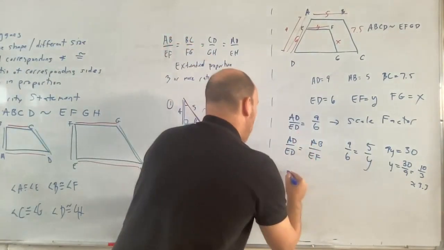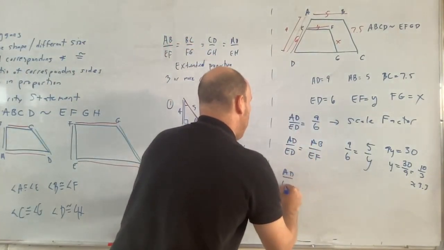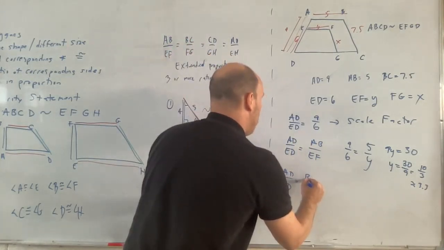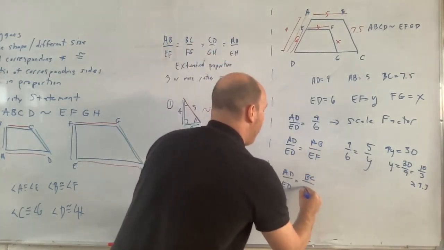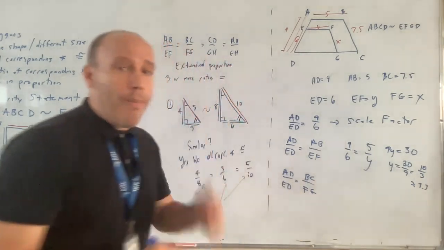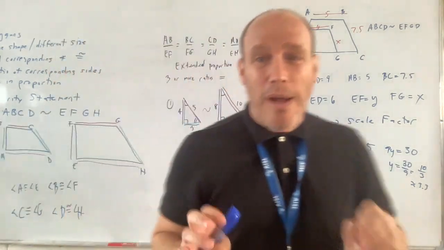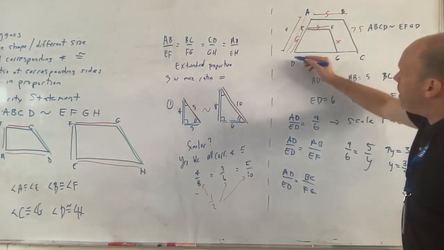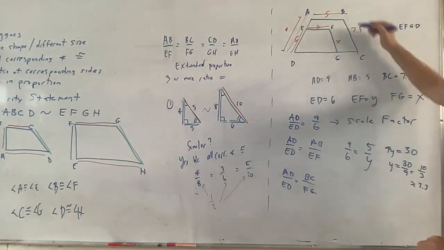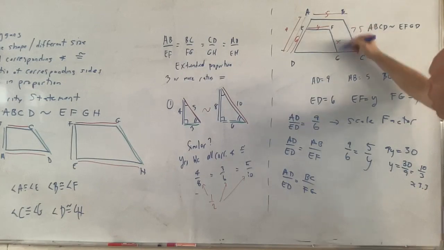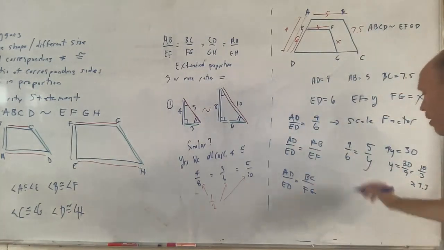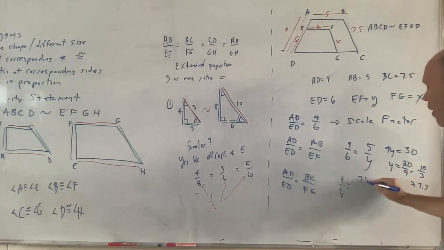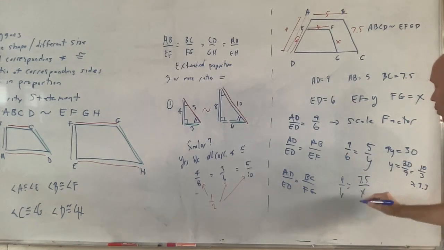Once again, AD over ED is equal to BC over FG. Once again, we're matching up the ratio of corresponding sides. AD matches up with ED, and BC corresponds with FG. Okay, so 9 over 6 is equal to 7.5 over x.